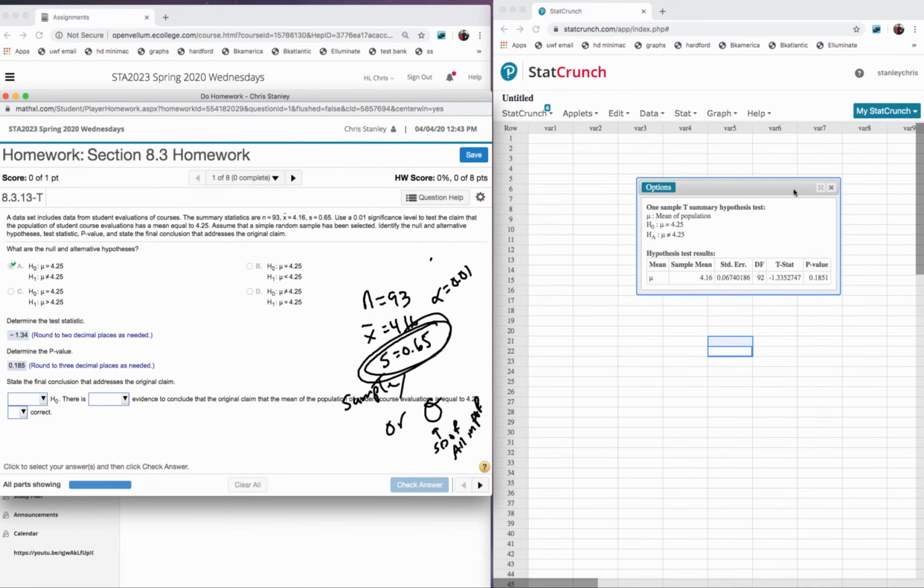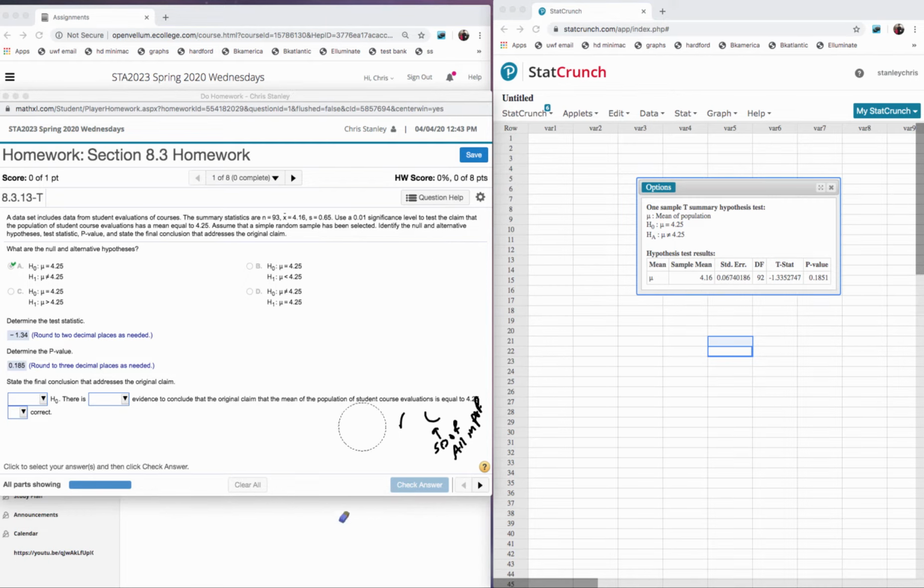I mean, it's going to be able to reject or fail to reject. It's the same idea as from last section. So what we want to do is look at this and compare that to this. Is that greater or less than? That is greater than. So this should be a fail to reject.